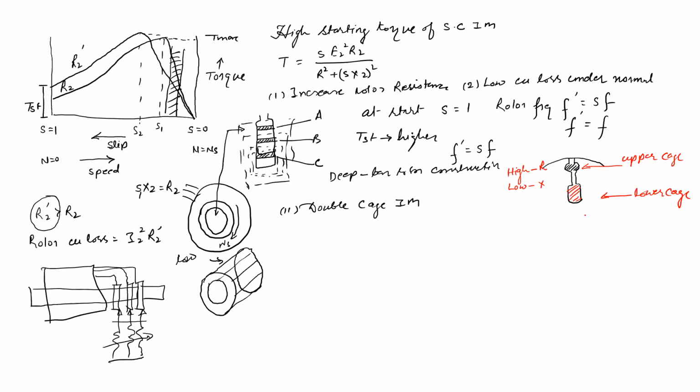Whereas for the lower cage, it is a high value of reactance and low value of resistance, isn't it?